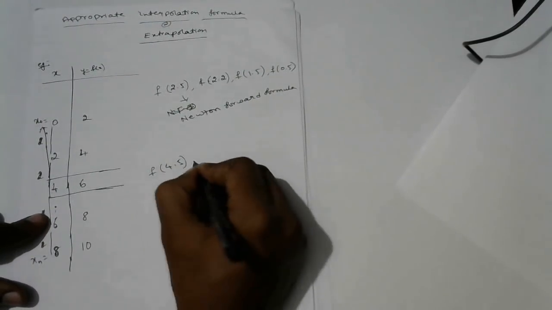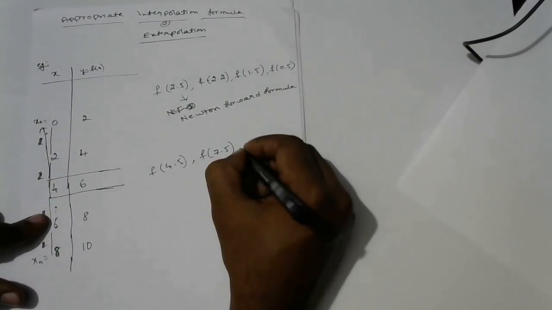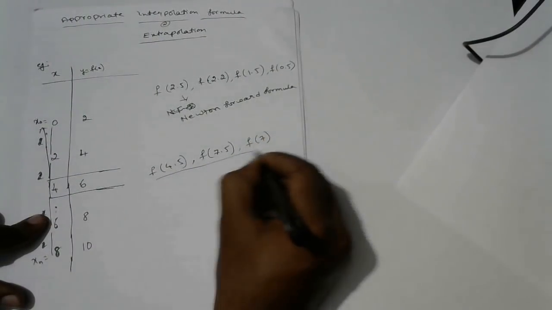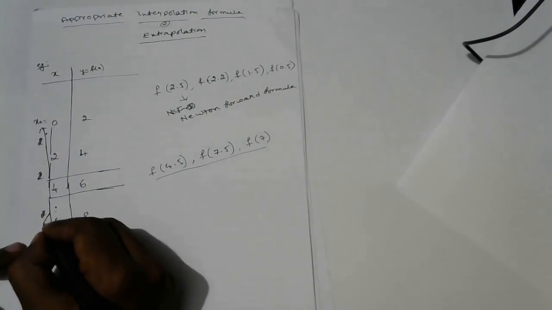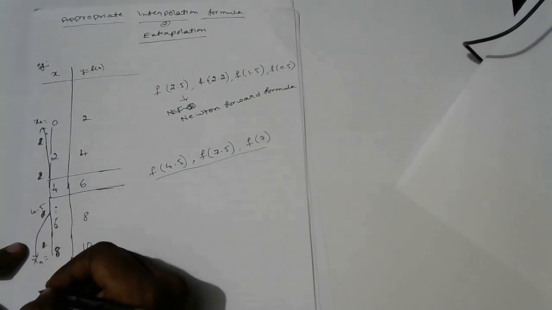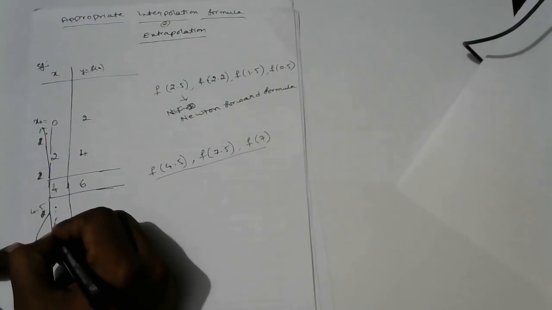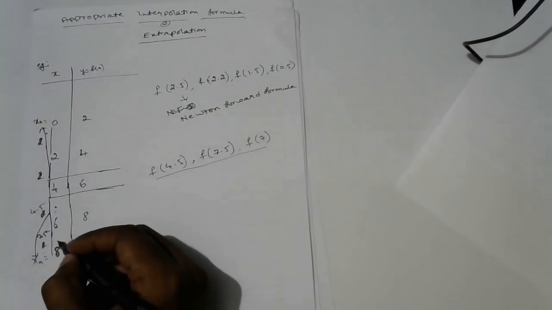Here suppose they ask to find f of 4.5, f of 7.5 or f of 7. These values you get in the second half of the table, nearer to xn. 4.5 comes in the second half of the table, 7.5 is in between 6 and 8, and 7 is also in between 6 and 8.